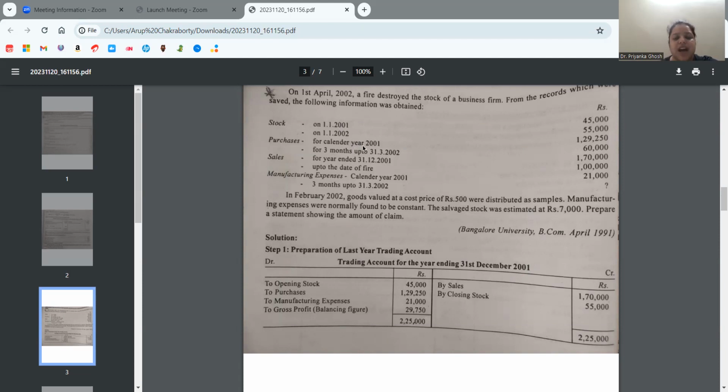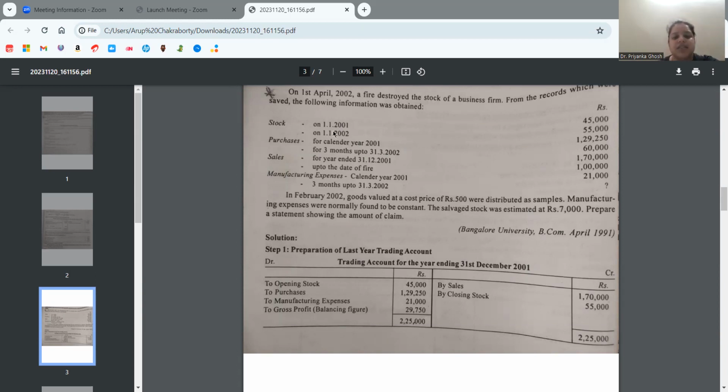Purchases for the last year they have given as 1,29,250, and for the 3 months up to 31st March 2002. In this problem, the date is very important. The year ending is 31st December each and every year.